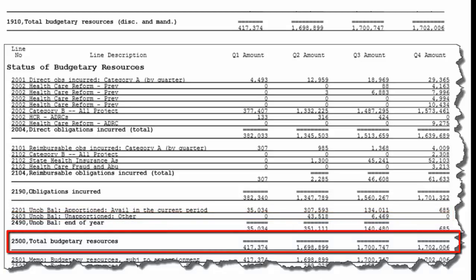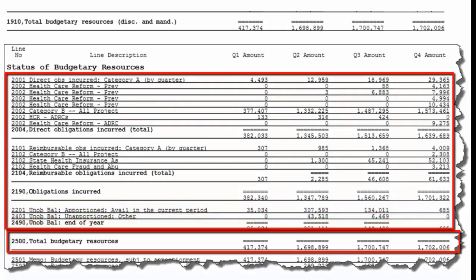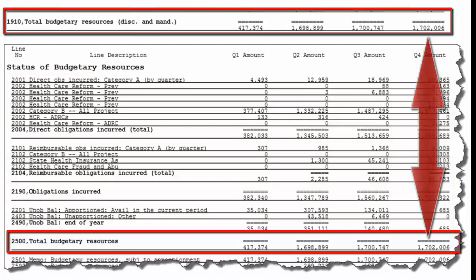It's important to note that the total status of budgetary resources on line 2500, which is the total of these two sections, obligations incurred and unobligated balance, must equal the total budgetary resources summarized on line 1910. This is a very important relationship to understand, so let's take a moment and review it.